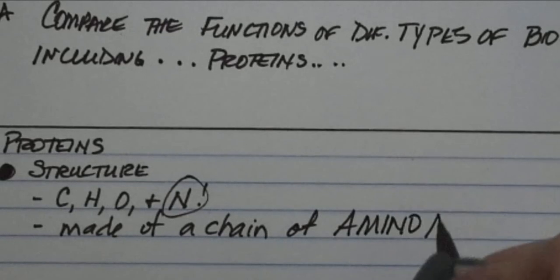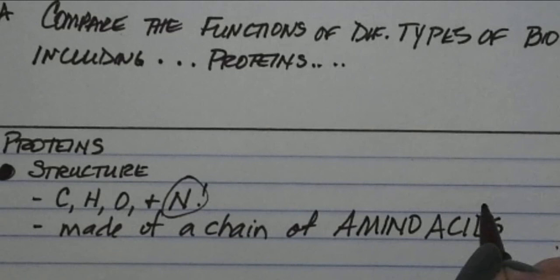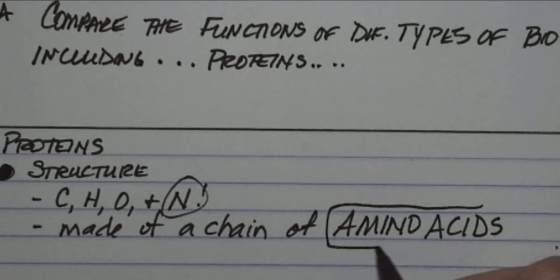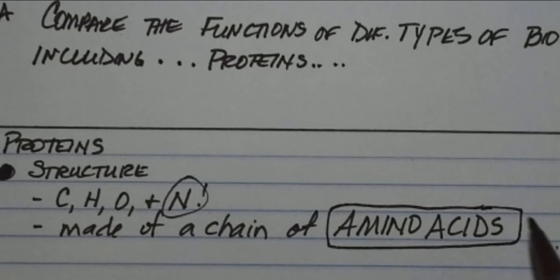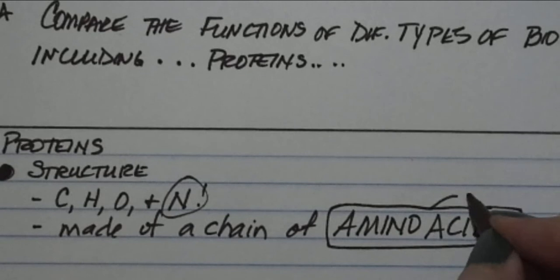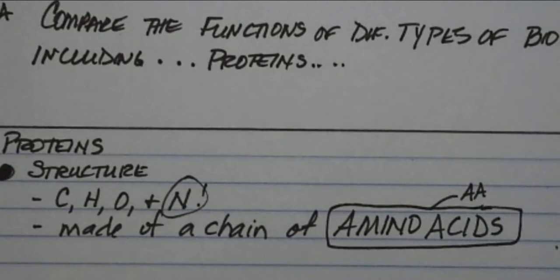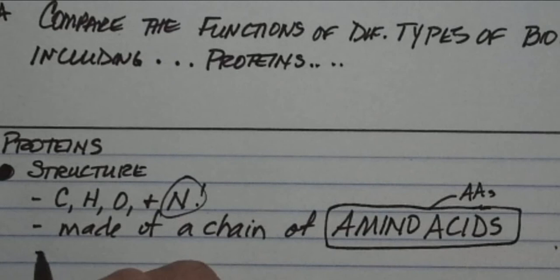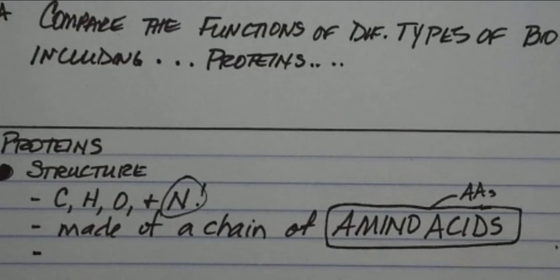Okay, here's one of the big dogs right here, amino acids. I'm going to get tired of writing it out, so I'm going to abbreviate it as capital A, capital A. And if it's plural, it's a little s beside it. So it's made of a chain of amino acids, and the order of the amino acids determines the function and the identity of the protein.